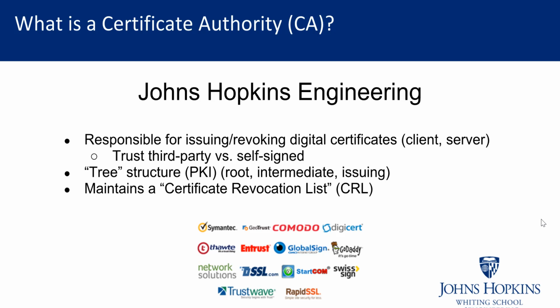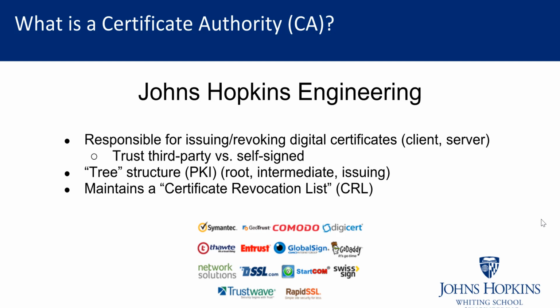And something you've probably heard before, Hopkins also offers a course in this, is public key infrastructure. The certificate authorities are one of the main components of a PKI. There's basically a tree structure in place, and don't worry, we're not going to go too deeply into it. But I just wanted you to see these terms: at the top of the tree, there is a root certificate authority. That certificate authority may issue certificates to a select number, maybe 5, 10, a dozen, of intermediate certificate authorities.